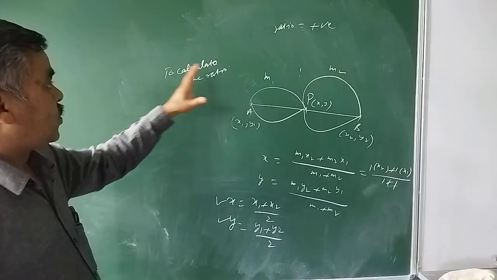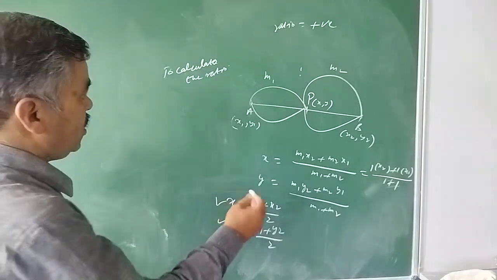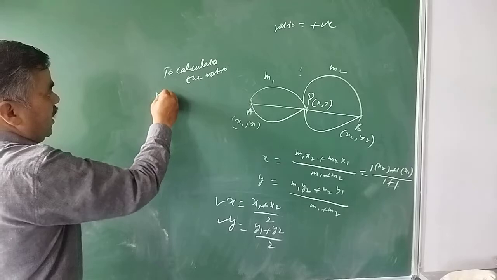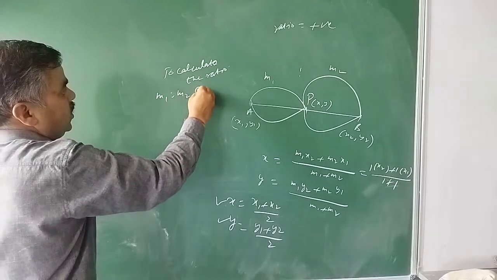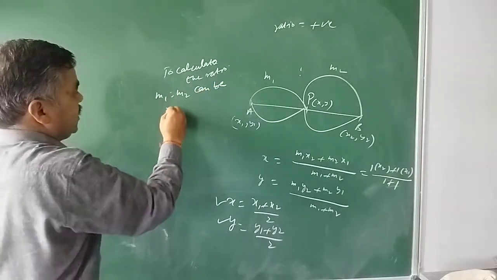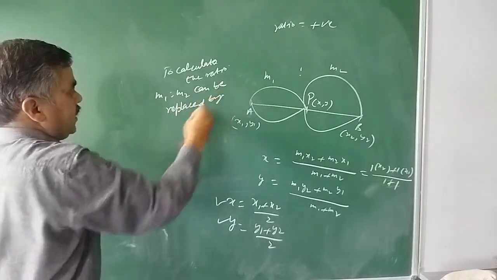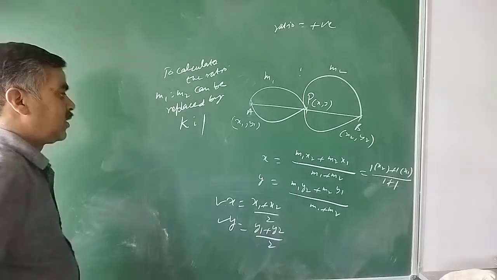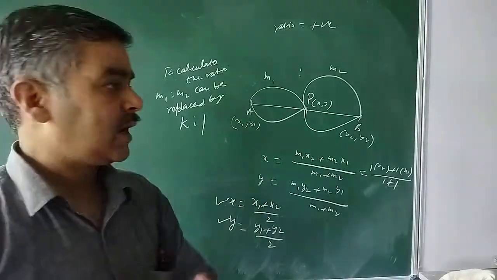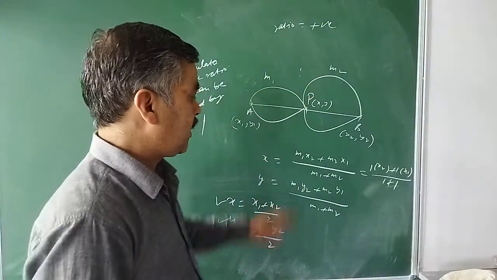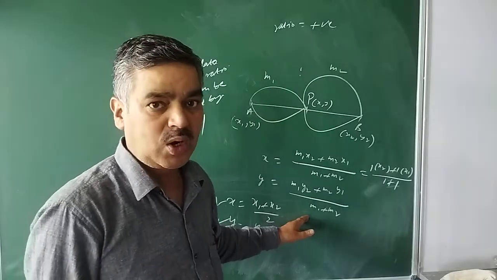So, to calculate the ratio, M1 is to M2 can be replaced by k ratio 1. So what is the purpose? Here are the two variables. It is not an issue to calculate from this formula also.